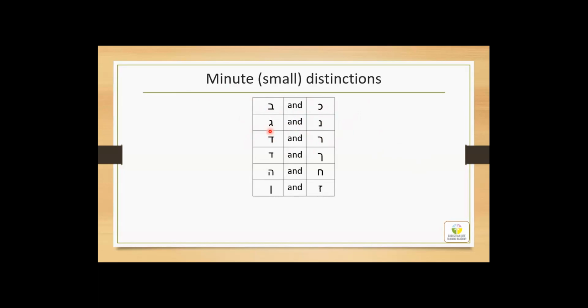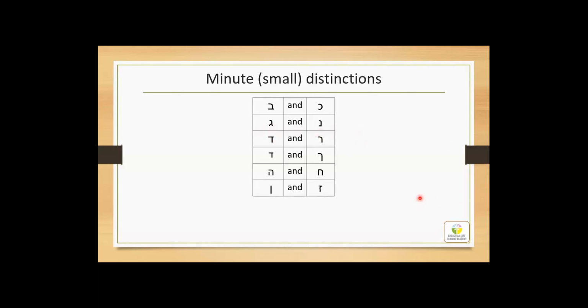Then we have the gimel and the nun. Written like this, they don't look as if they can be confused. But when they are printed in a book, the feet of the gimel seem to disappear and it starts looking like a nun.